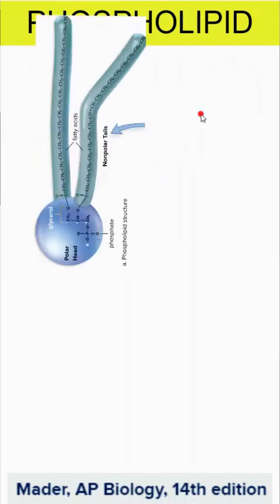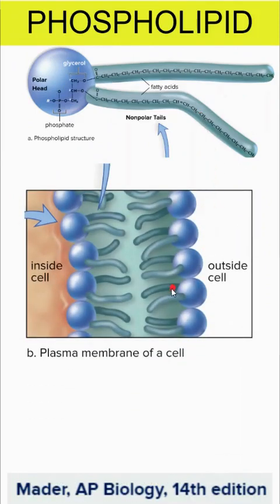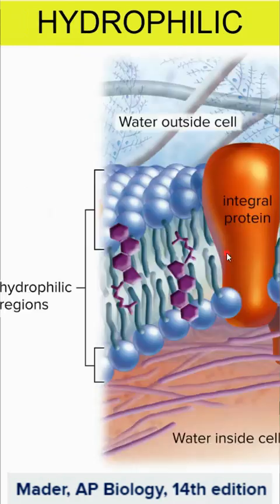So with our phospholipids, if you took them and shook them all up, they would end up orienting where the nonpolar regions would form an interaction with each other, forming this greasy, impermeable inside region, where the polar regions would orient themselves towards the aqueous environments.